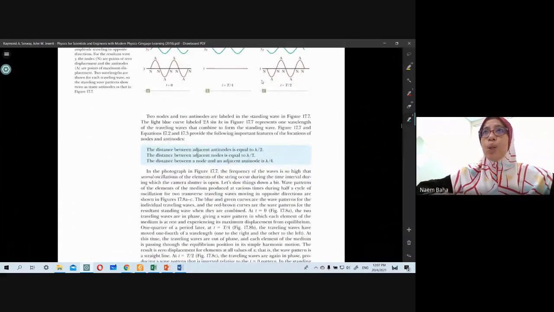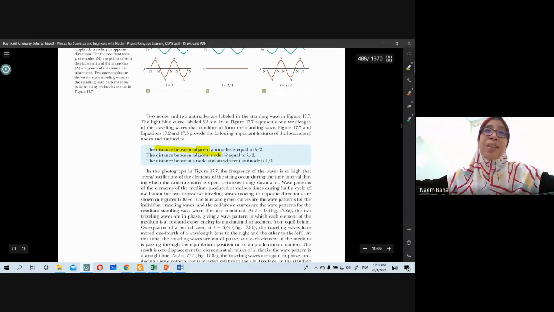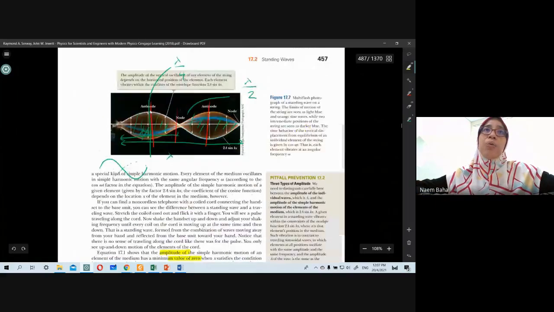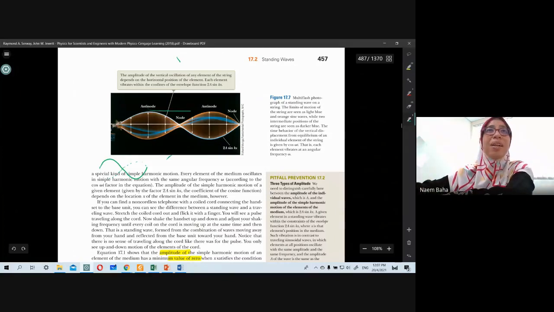Now, a general conclusion: the distance between adjacent nodes and antinodes, the ones we have discussed just now. Let's look at it from here to here. From one node to the next node is half a lambda.